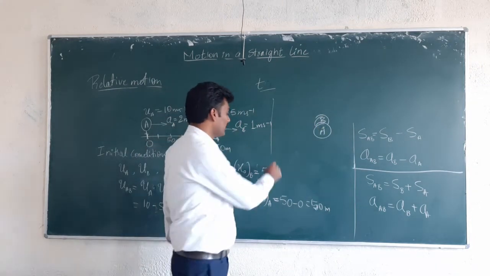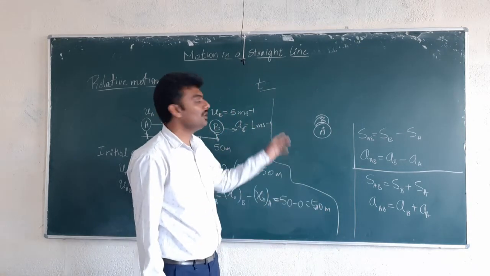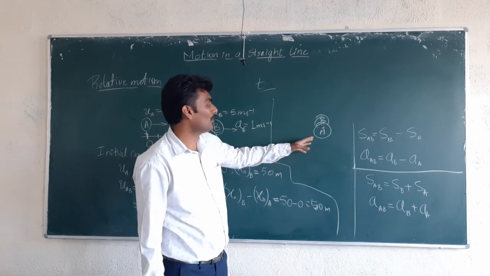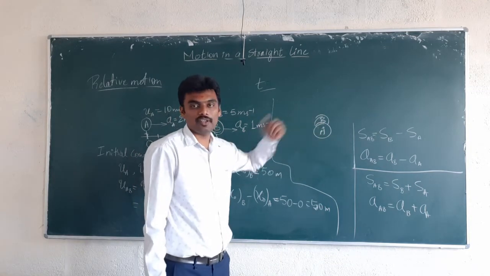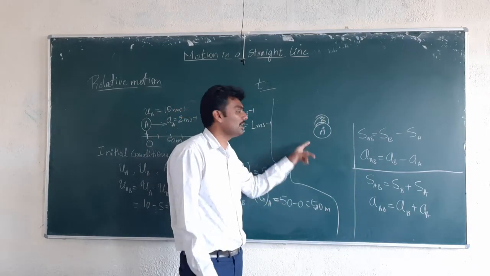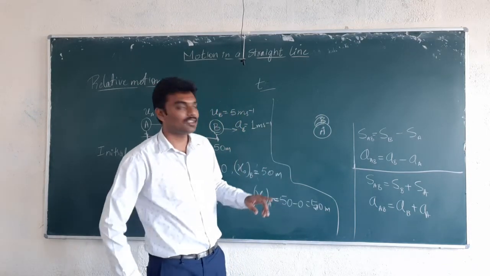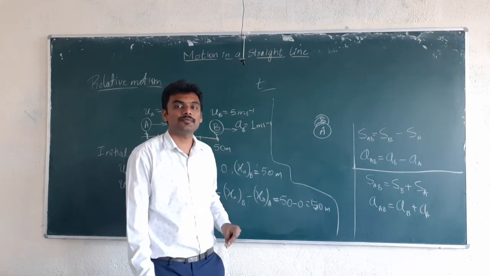Now coming to the final situation, we don't know what the final conditions of the individual bodies are. What is the displacement of body A individually, what is the displacement of body B individually, we don't know about it.